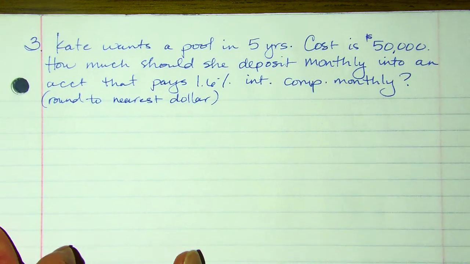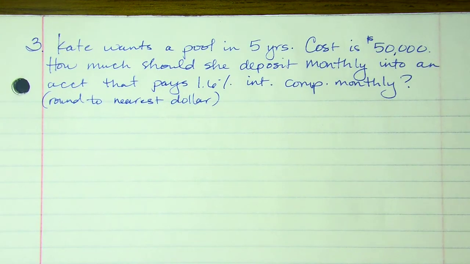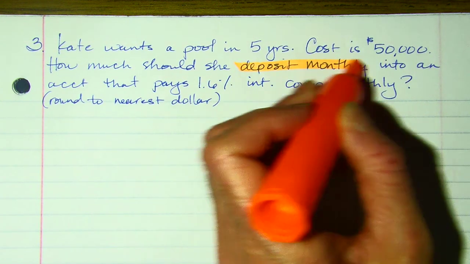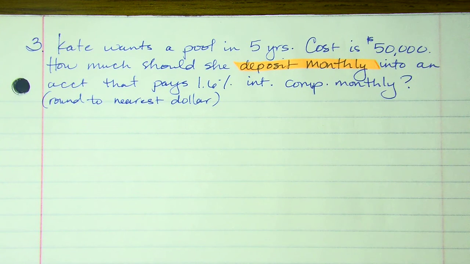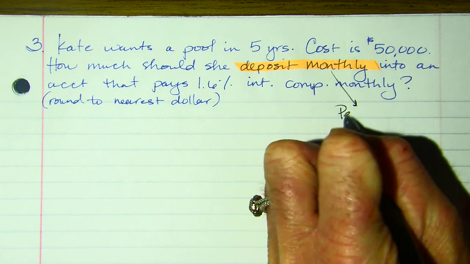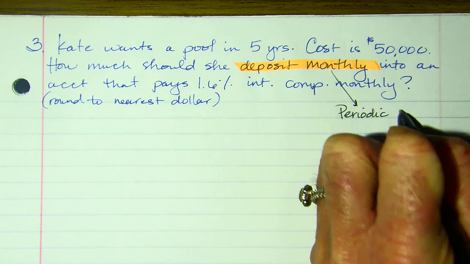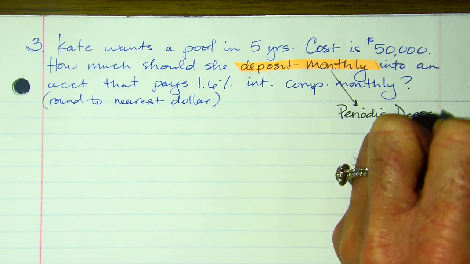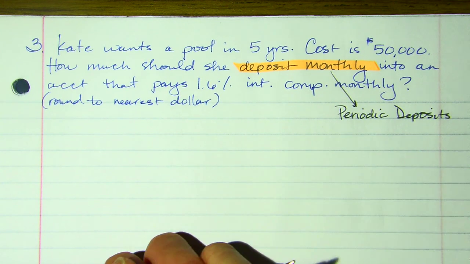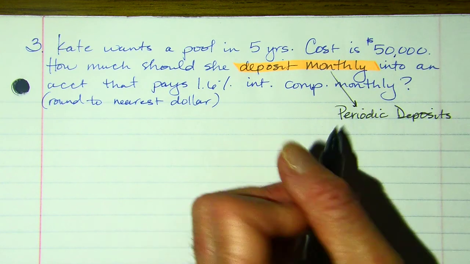All right, so this is present value because she wants to know how much I should deposit right now. But notice she says how much she should deposit monthly. So it doesn't just say how much should she deposit now. She's saying deposit monthly. So that right there tells me this is periodic deposits because she's making multiple deposits each month. And that's a different formula.